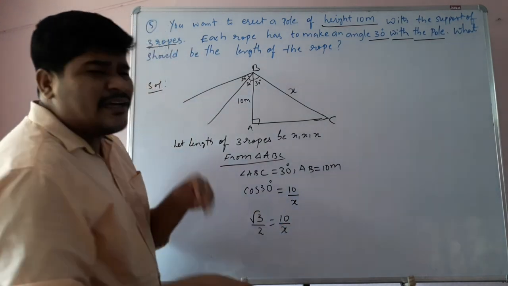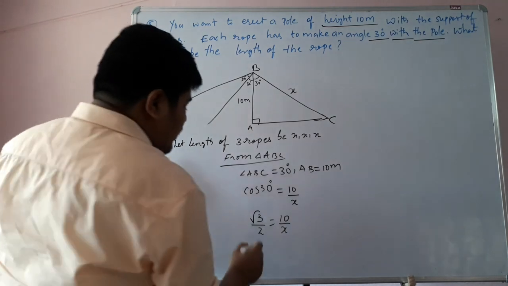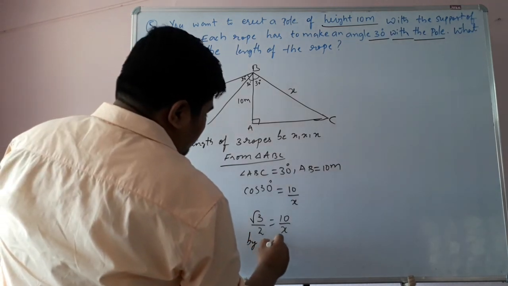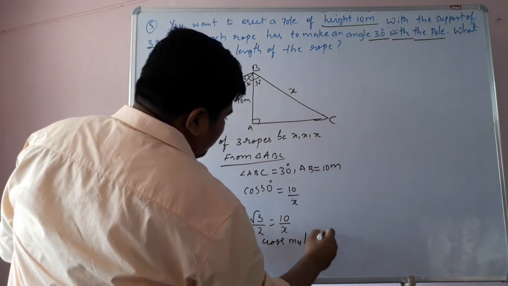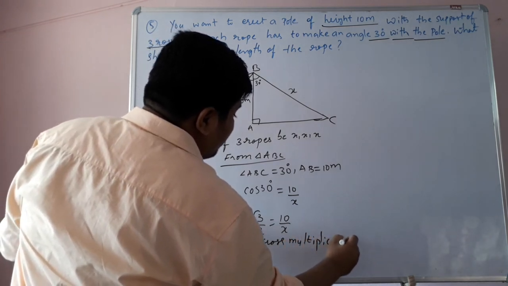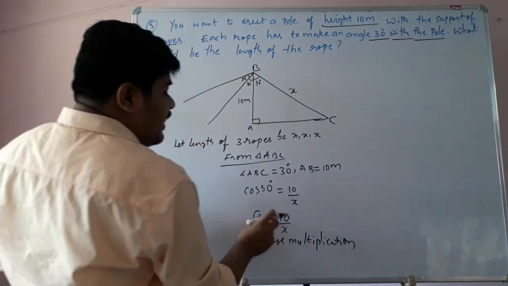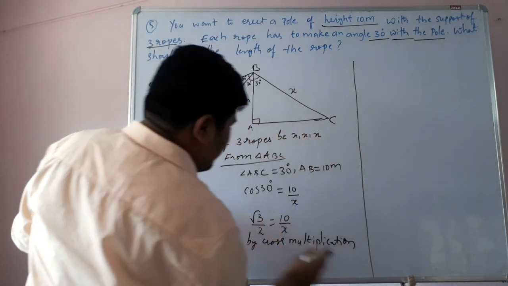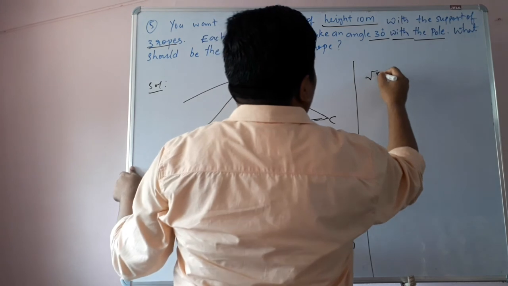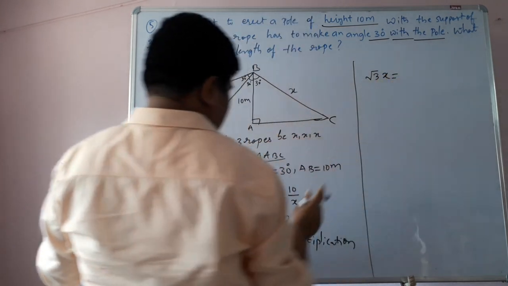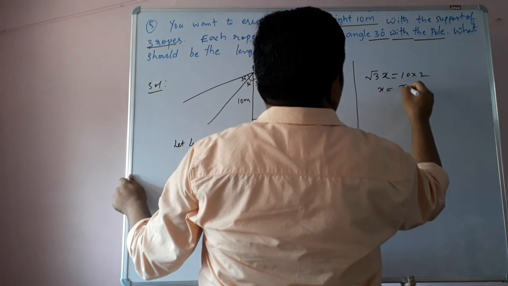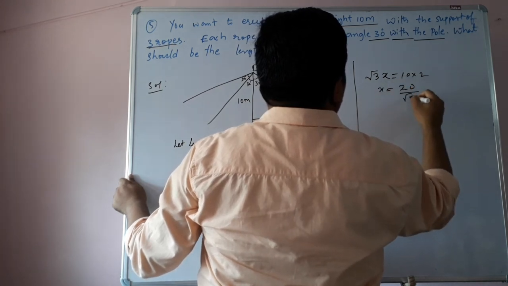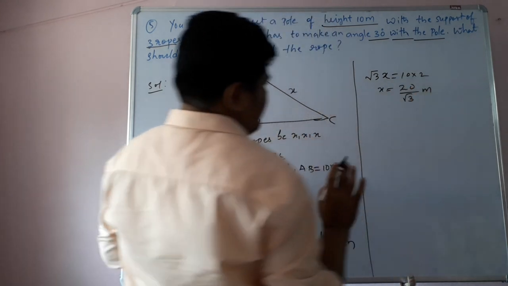Students, we need to take cross multiplication. By cross multiplication, x into root 3, so root 3 x is equal to 10 into 2. So x is equal to 20 by root 3 meters, right?